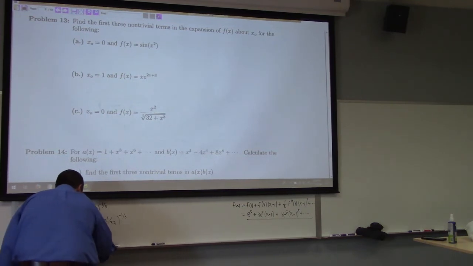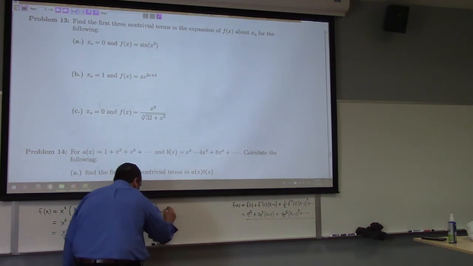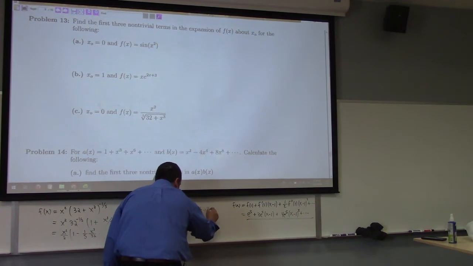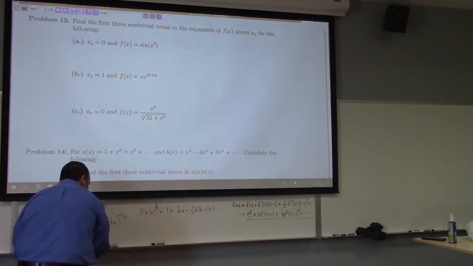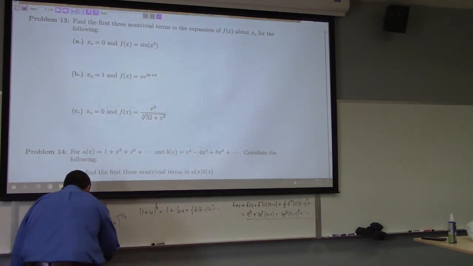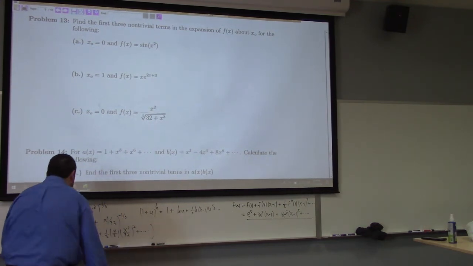So what I'm using is 1 plus u to the k is 1 plus ku plus 1/2 k times k minus 1 u squared, binomial series. That times x squared over 2. So the next thing would be plus 1/5 times minus times 4/5 times x cubed over 32 squared plus dot dot dot, close parentheses.